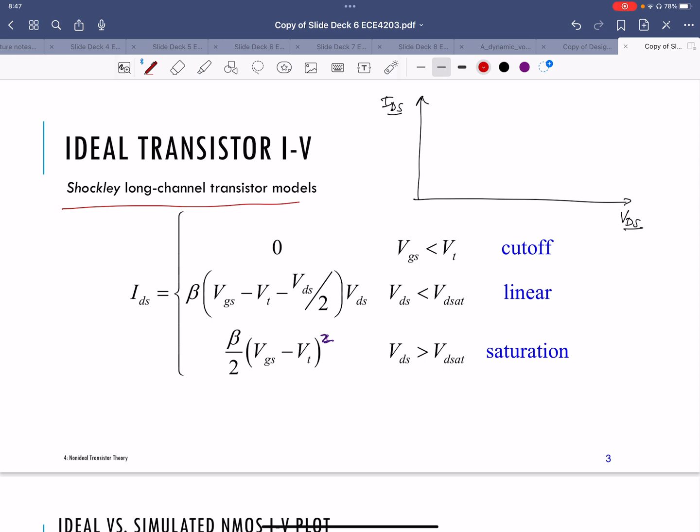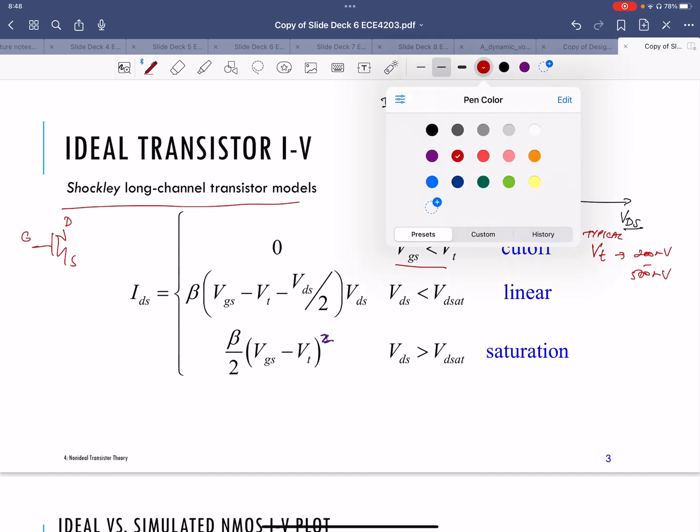What you'll see is, if the gate source voltage of the transistor, so this is gate, drain, source, is less than the threshold voltage, then the device is off. Typical V sub T might be 200 millivolts to 500 millivolts, depending on the process and the type of transistor.